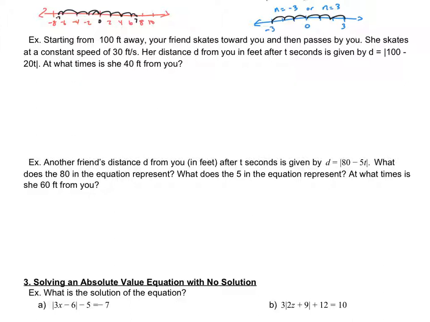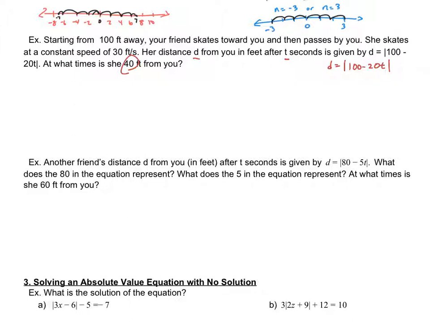Her distance, d, from you in feet after t seconds is given by the equation d equals the absolute value of 100 minus 20t. At what times is she 40 feet away from you? Okay, so before I think about anything, they want me to find at what times is she 40 feet away from you.